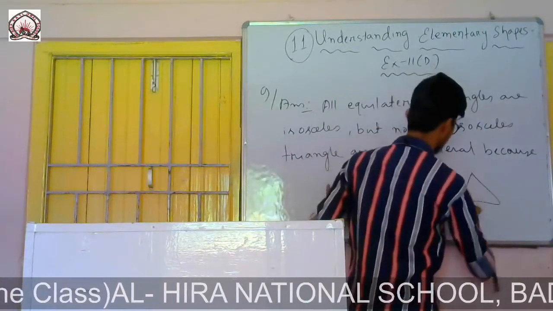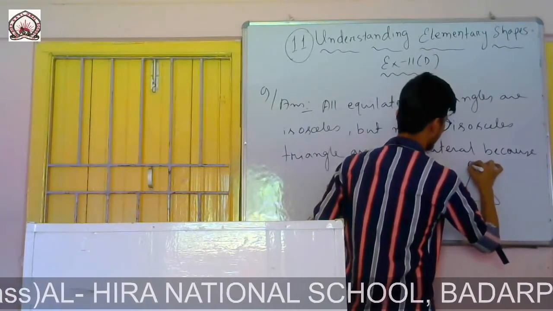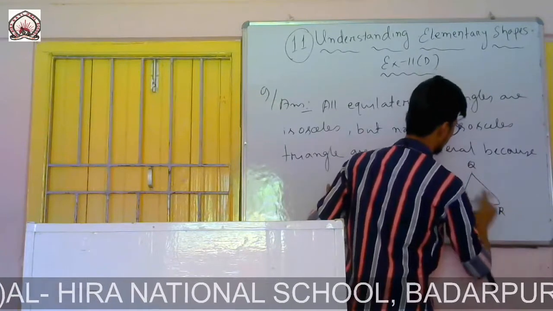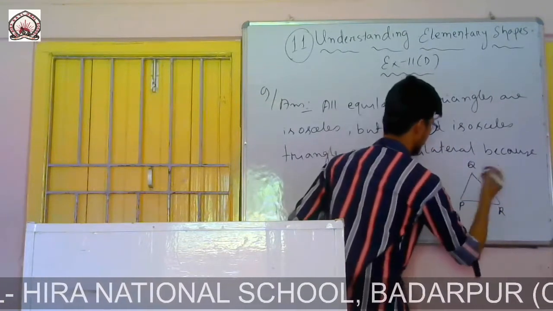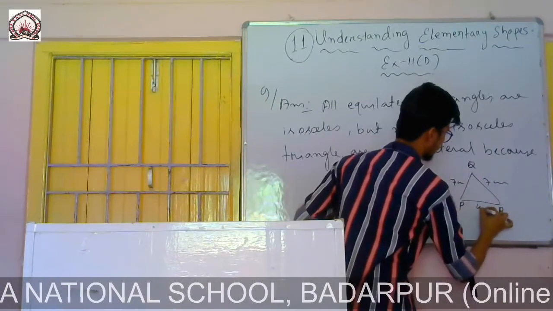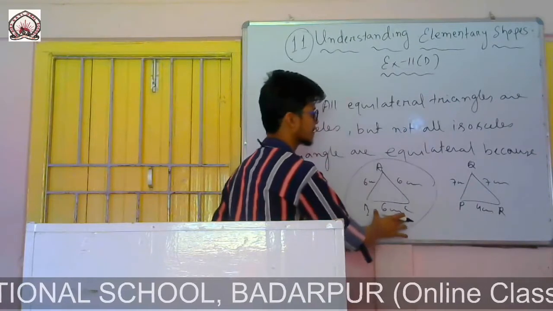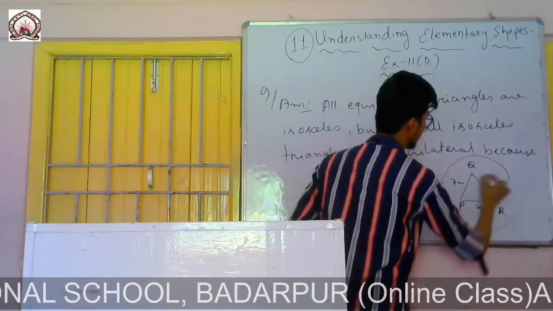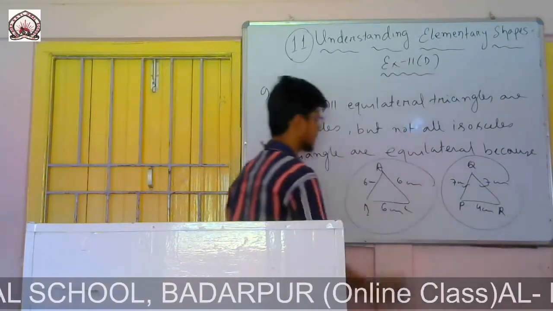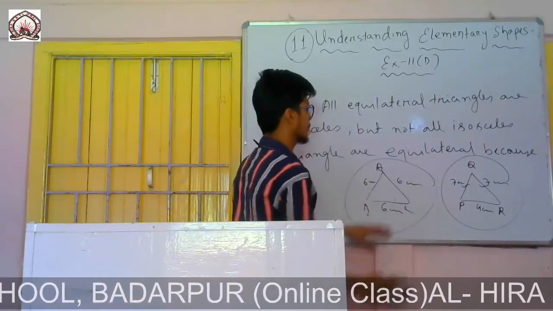But in case of an isosceles triangle, if I draw another triangle PQR, this side is given 7 centimeters, this side 7, but this side 4 centimeters. That means the first one is an equilateral triangle, all three sides are equal, but in case of an isosceles triangle, only two sides are equal. So we can say that equilateral triangles are a special type of isosceles triangle.